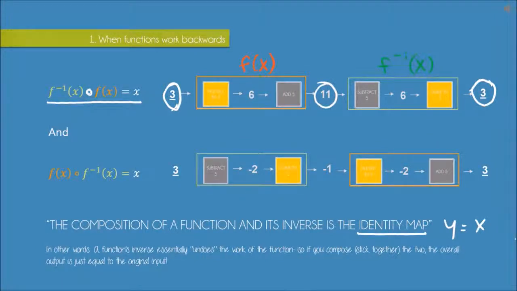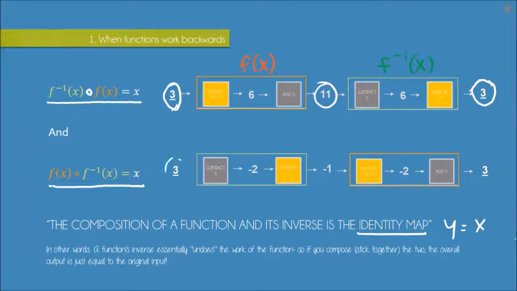And this is actually a special case of composition when we have a function and its inverse together, because this type of composition is commutative, so that means that the order does not matter. Here I have f of x coming after f inverse, and the same thing is happening.